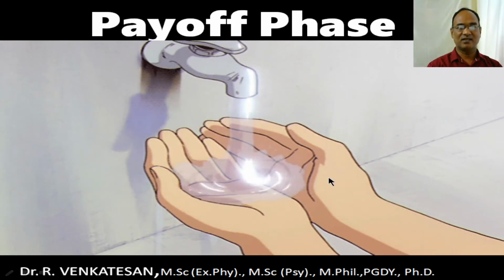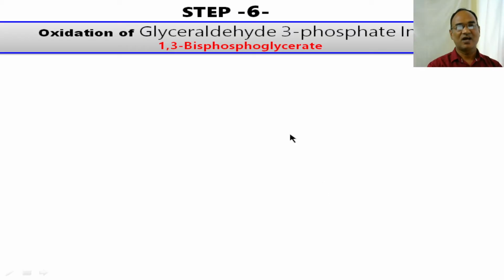Let us start with the sixth stage, the oxidation of glyceraldehyde 3-phosphate into 1,3-bisphosphoglycerate. Here two processes are carried out.